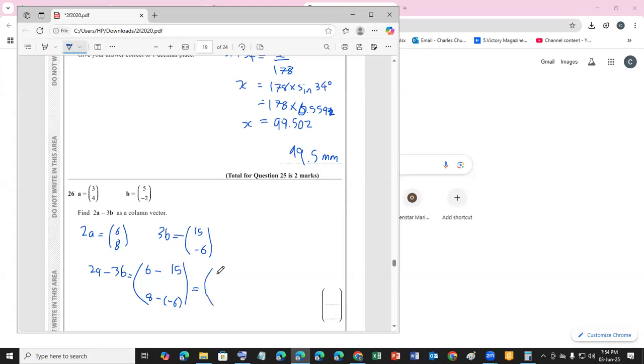Minus 9. Exactly. And finally, 8 minus 6 will translate to 8 plus 6, isn't it? And that's going to be 14, correct. So that's it on that. So you just put your minus 9 here, and you put your 14 here, nicely.